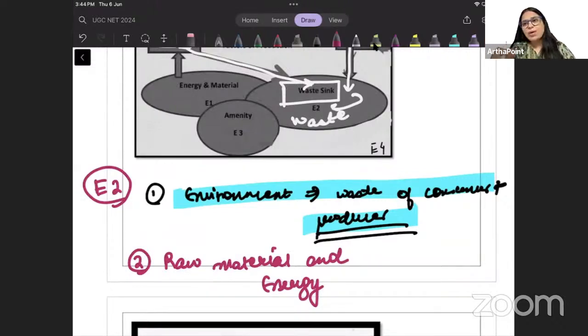It will come from the environment. So E1, we have called E1. What is E1? E1 is the energy that the environment is providing you, right?